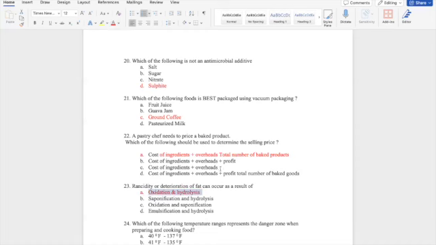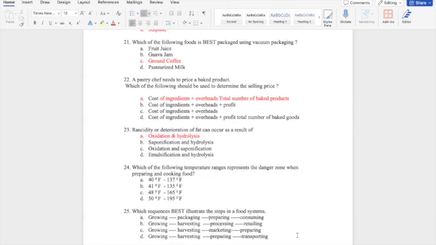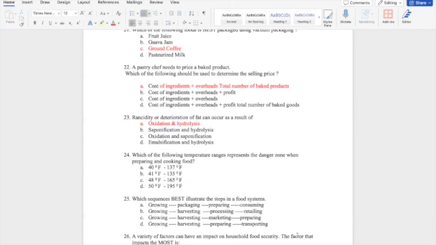Number 24. All right, which of the following temperature ranges represent danger zone? Oh, this one is easy. So the danger zone will be from 41 degree to 135. That's the danger zone.